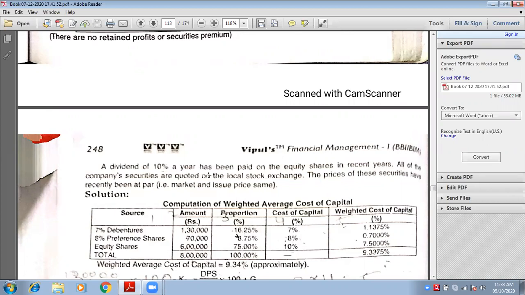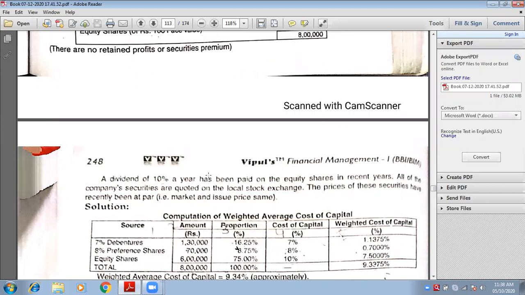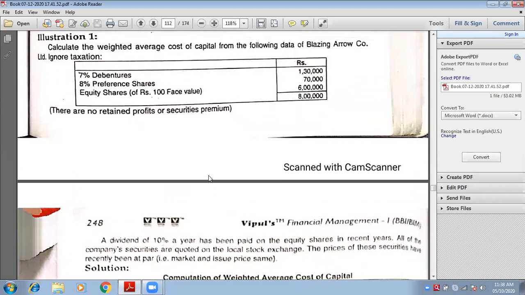It is given directly. It means equity shareholders receive a 10% dividend. If they are receiving it, it is their income. But you have to think about the company. The company is paying, so it becomes the cost of equity capital for the company, 10 percent. So equity 10 percent, preference 8 percent, debentures 7 percent.